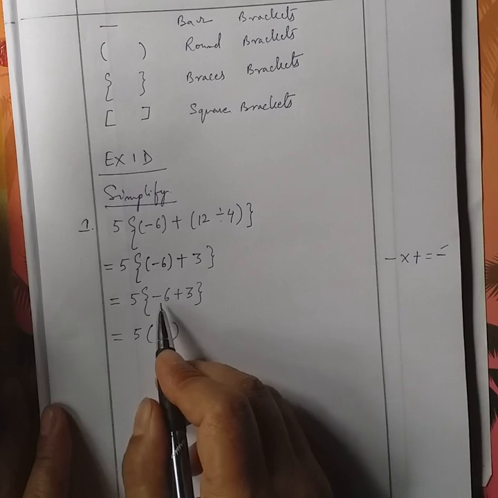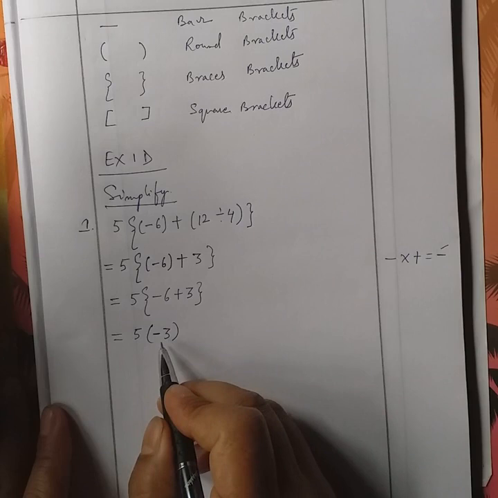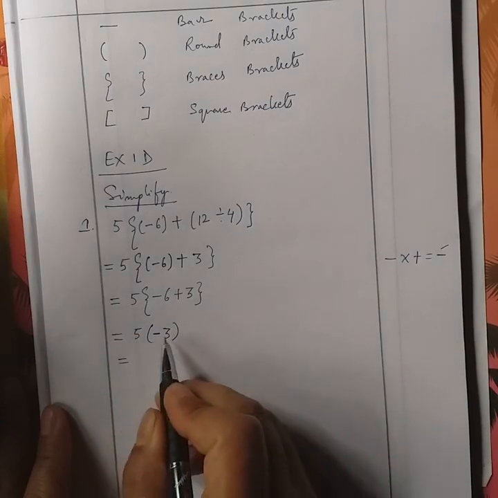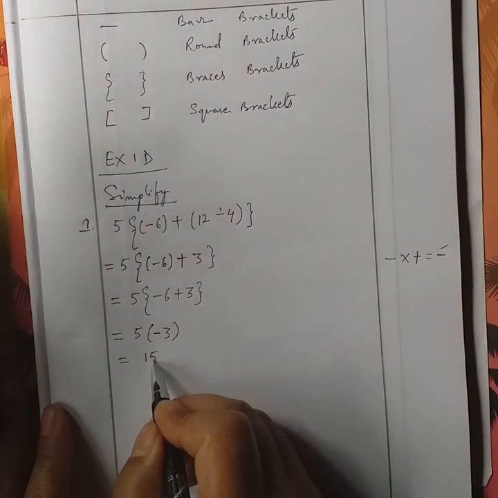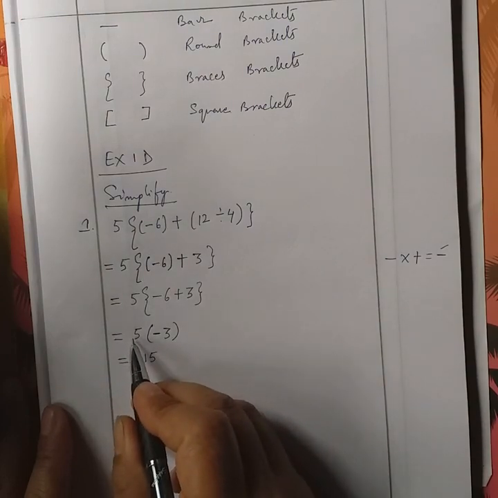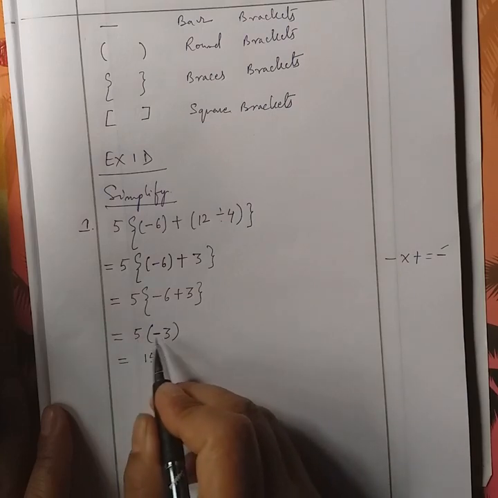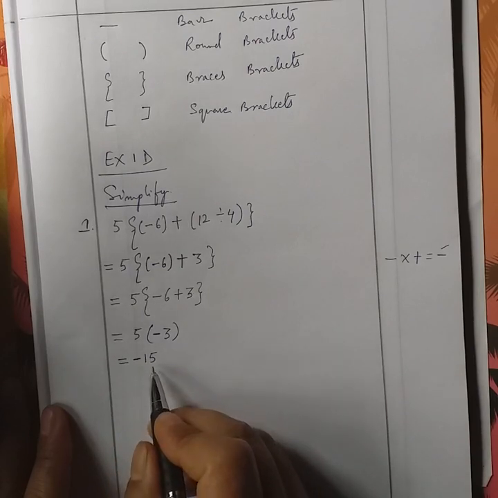The bigger number's sign is minus, so the answer will also be minus. Now finally we have to multiply. 5 threes are 15, and the sign will be plus into minus. This 5 is a positive number, this is a negative number, plus into minus is minus. So here we get the answer as minus 15.